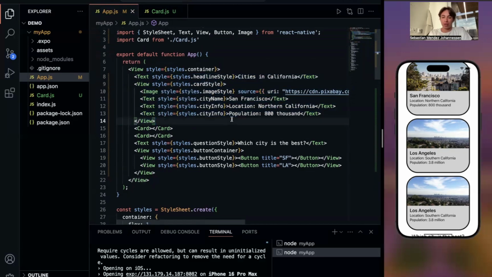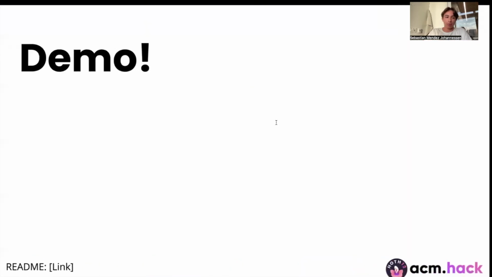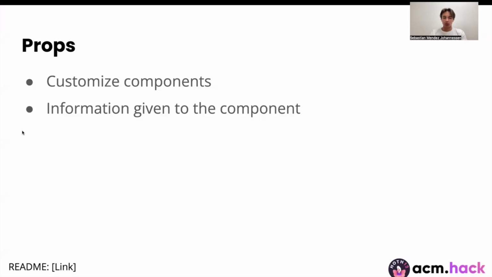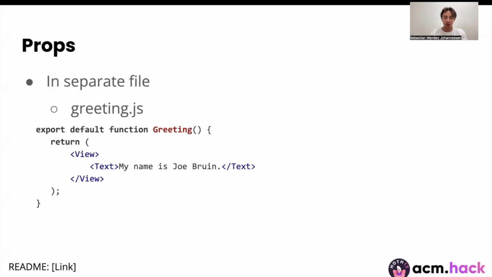But at the same time, with this approach, we would still need a separate file for each different city, which is not scalable, which is why we have something called props. So props are what we use to customize our components. And it's basically just information that we give to each component.